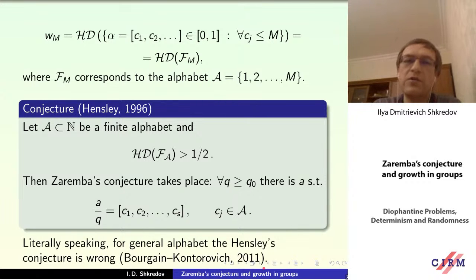Just there are some natural congruence conditions on my Cantor set. So if this condition holds, maybe the Hensley conjecture takes place. Okay.